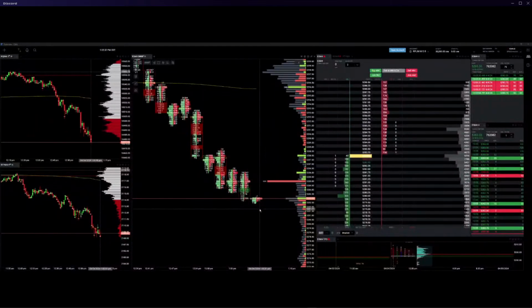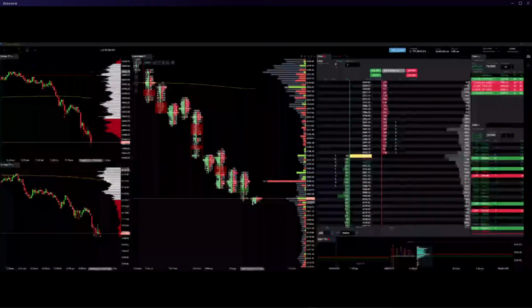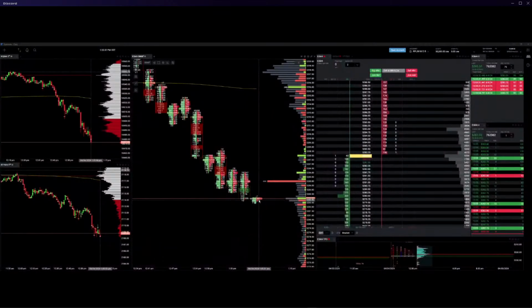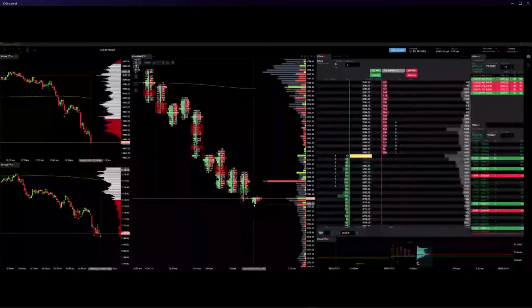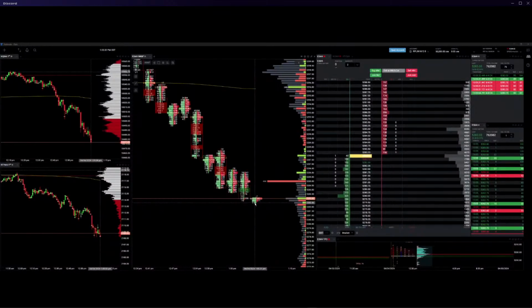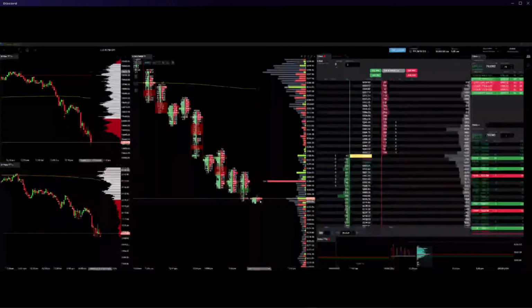So we can assume that this 113 contracts traded on the bid, someone jumped the spread from the ask to fill those individuals. We are only seeing passive limit orders on our footprint, but we can assume that for those limit orders to be filled, someone executed a market order over the spread. So we read it diagonally. Same idea here on the ask with this 111. We can assume that buyers pushed over the spread and came up into our 111.